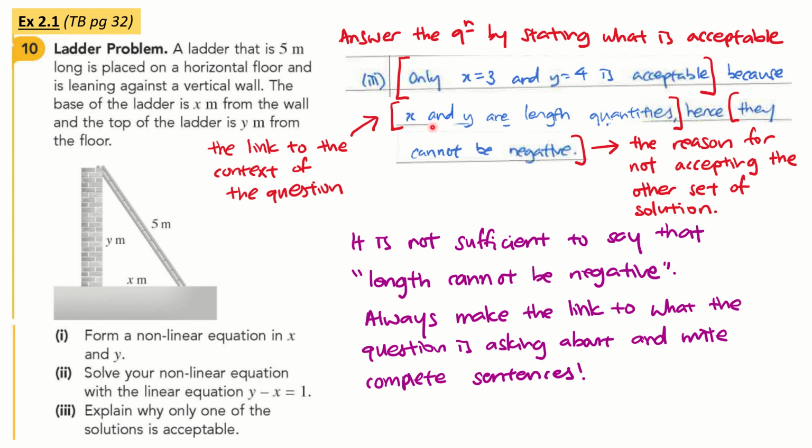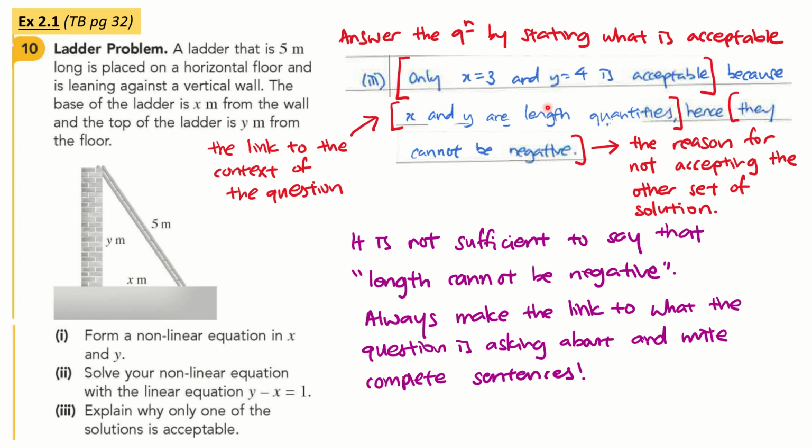Alright, so I specify what the context has told me. So I linked it to the context of the question to say that x and y are length quantities. Then this provides me that link to the fact that everybody who knows maths knows, that length quantities cannot be negative.